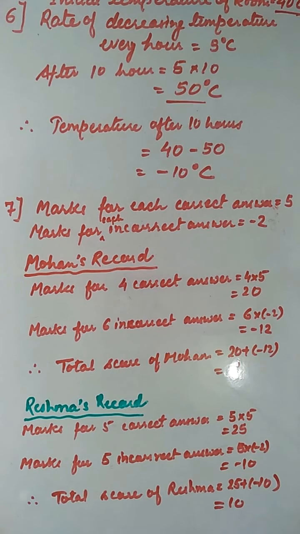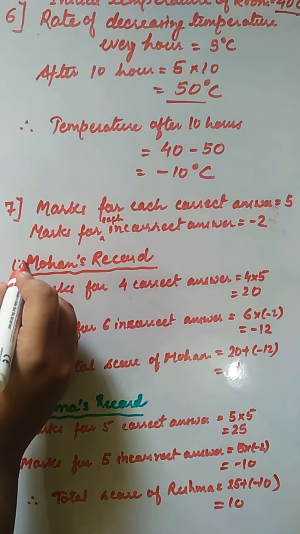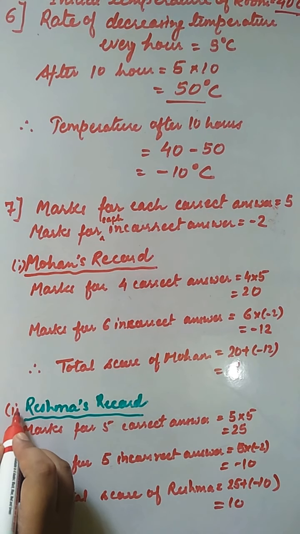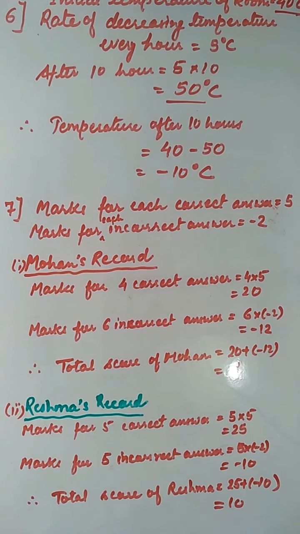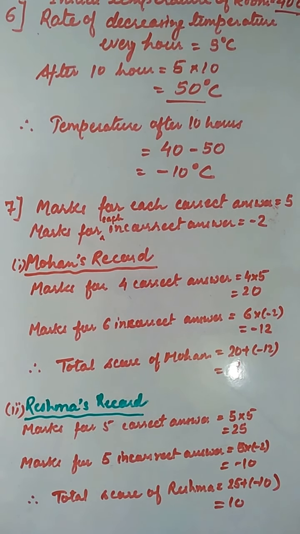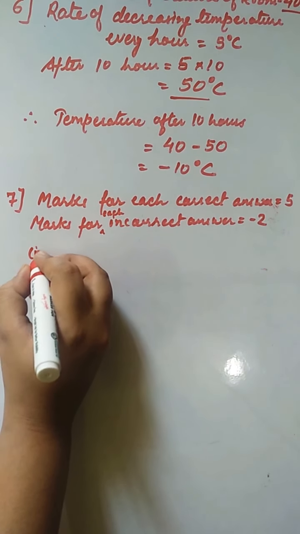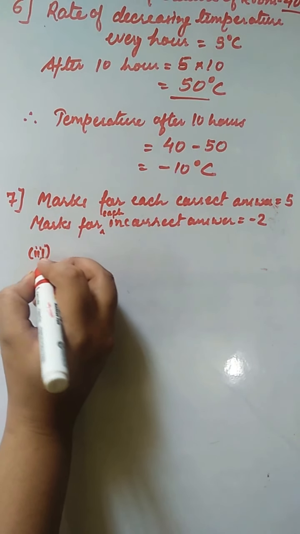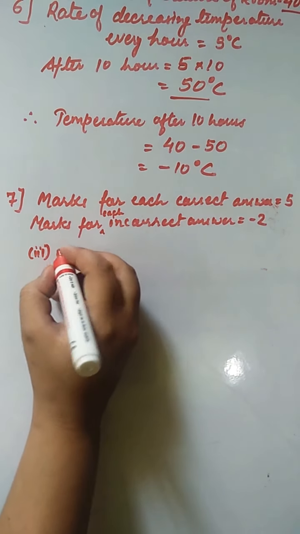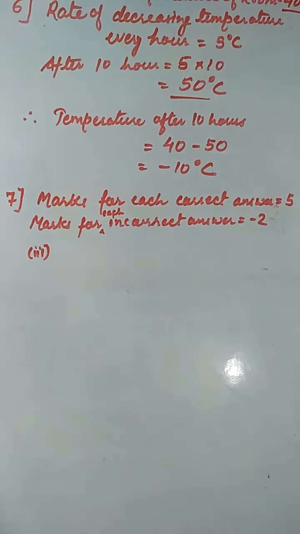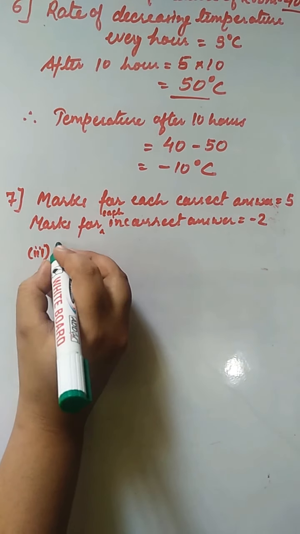Then we will do Hina, the third part of the question. This is the first part, this is the second part, and I am going to do the third part. In the third part of the question, Hina got 2 correct and 5 incorrect answers. So we are going to do Hina's record.